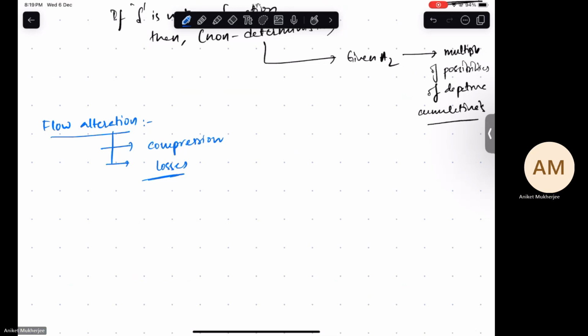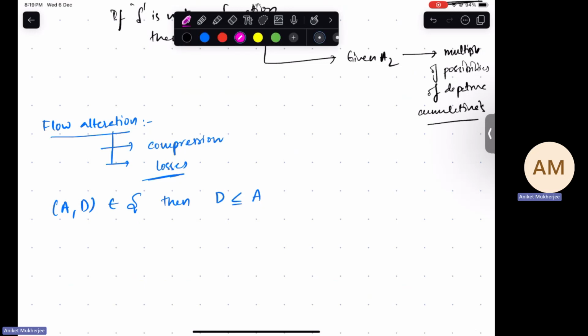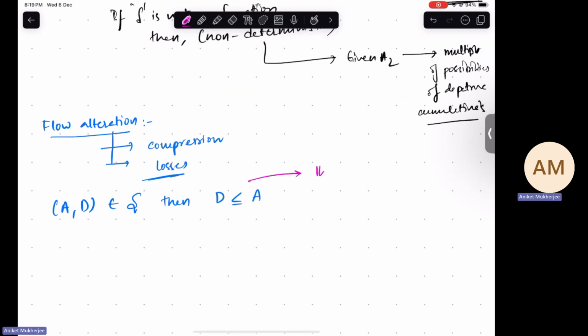So if (A, D) belongs to S, a server, then D is less than or equal to A. The implicit assumption is that the server does not alter the data.